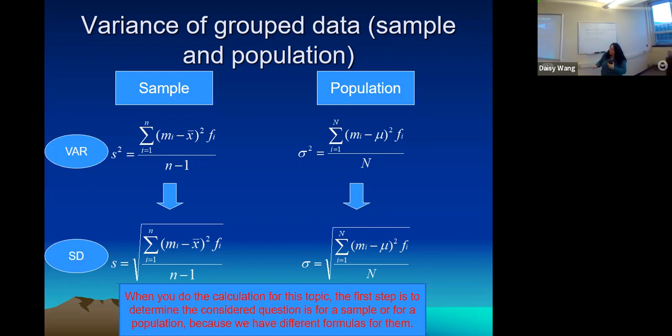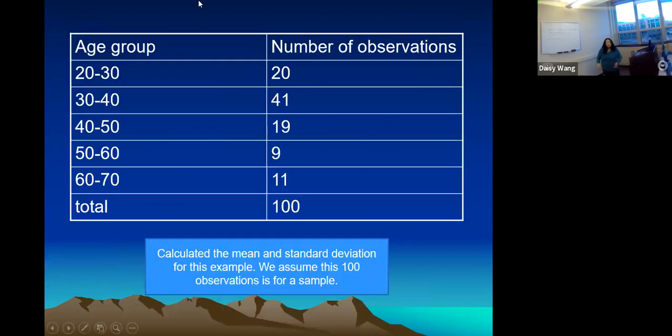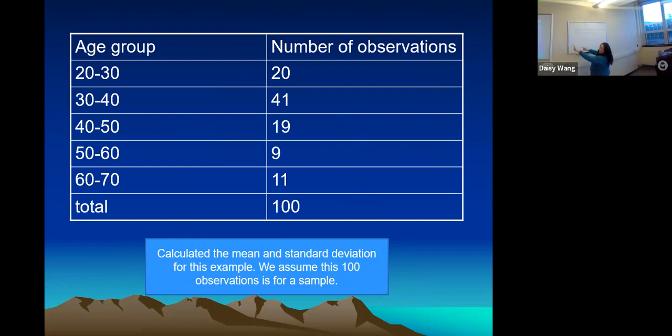And to calculate the variance and standard deviation, you need to go back here. So we have 40. So 25 minus 40. We still use the midpoint.